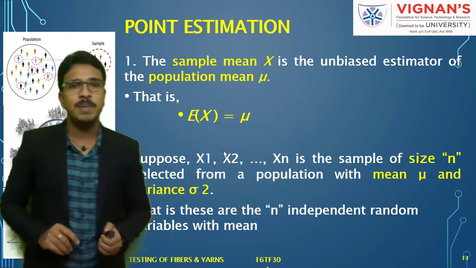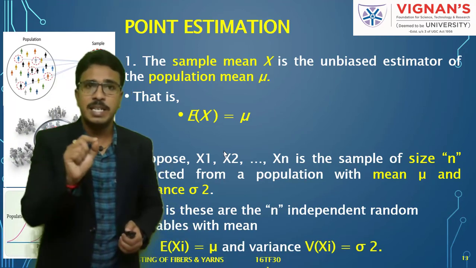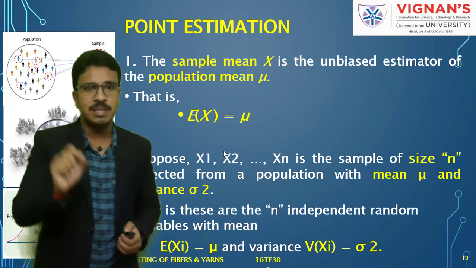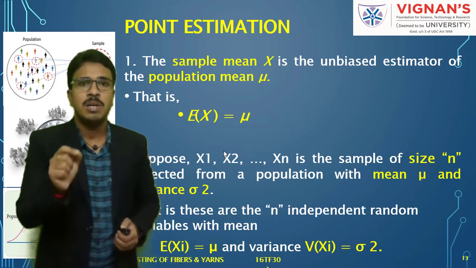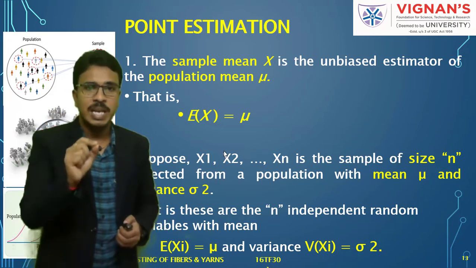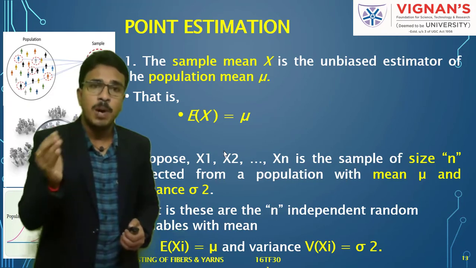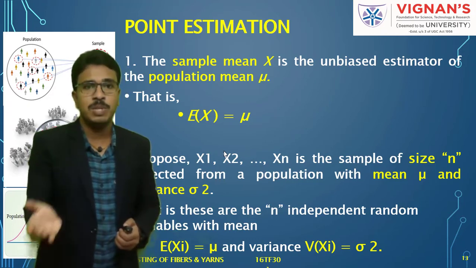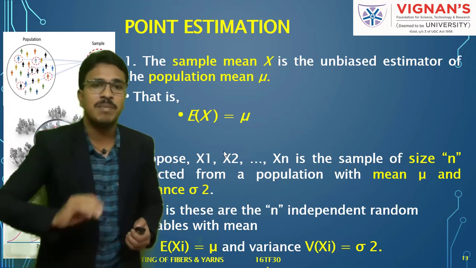If that is the case, the expectation of xi is equal to mu, which is nothing but the first point you can also see: the unbiased estimator of the population mean mu is the sample mean, which we represent with x bar.